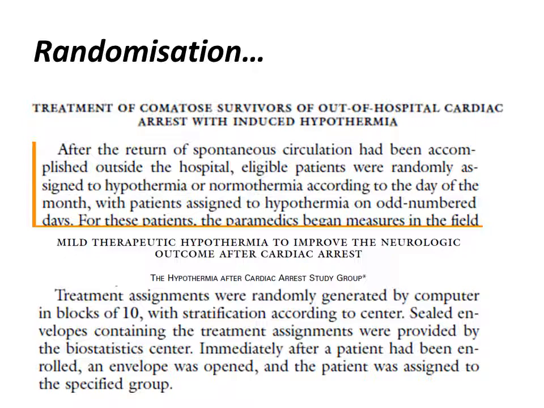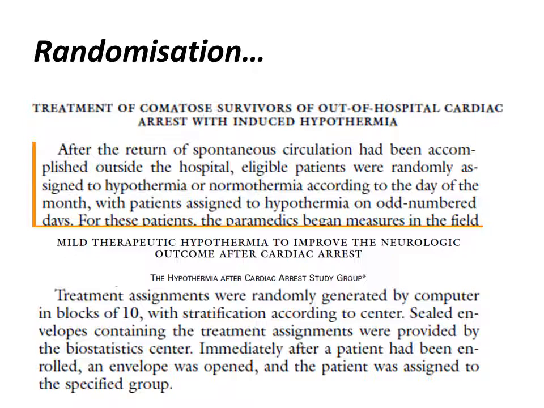Now, dealing with stratification, stratification is a way in which clinical trialists can make sure that the groups generated after randomization are balanced by a particular characteristic. So if you look at this example, which says computer-generated blocks of 10 with stratification according to the center, likely it means the center being a tertiary hospital versus a non-tertiary hospital.